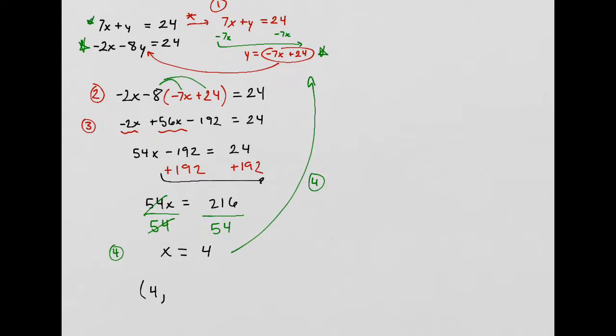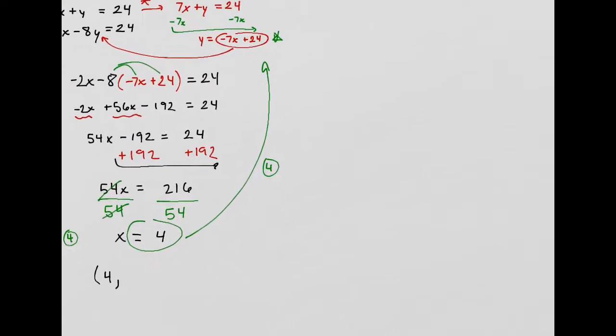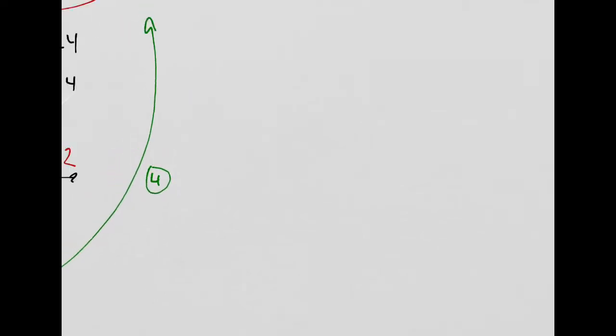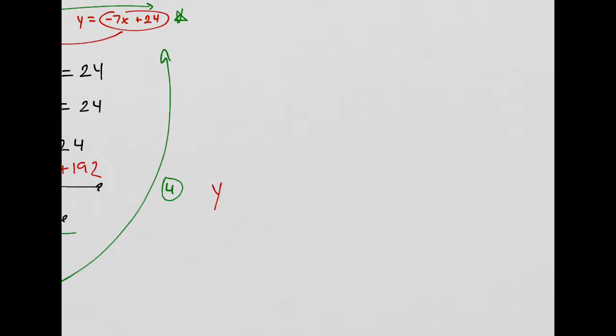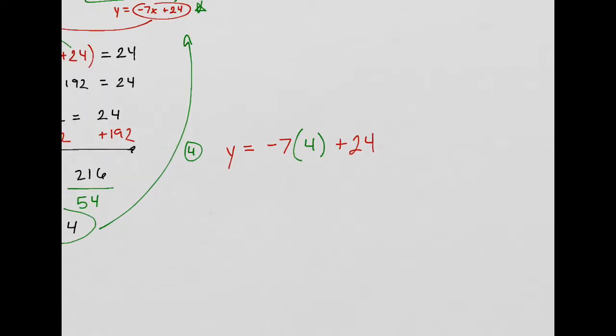Plug back in. So my x value is 4, so I'm going to replace x with 4. So, I'll write it right here. I have y equals negative 7 times 4 plus 24. And then I don't even need to do much except just evaluate that.